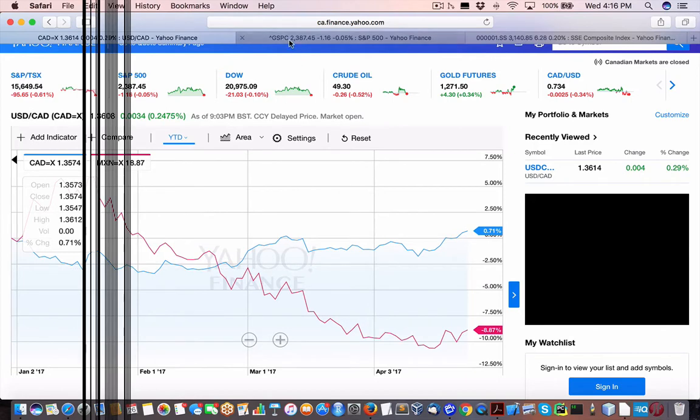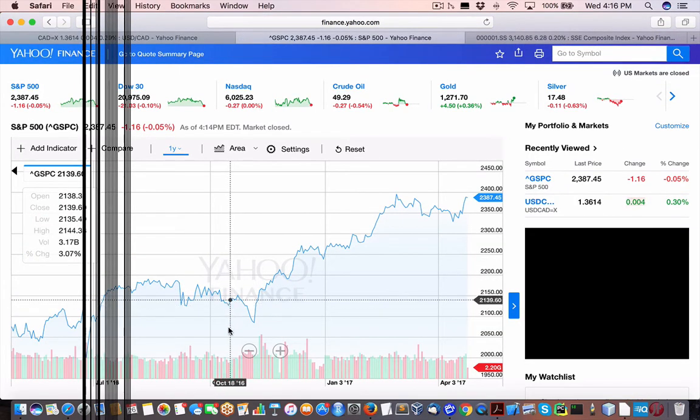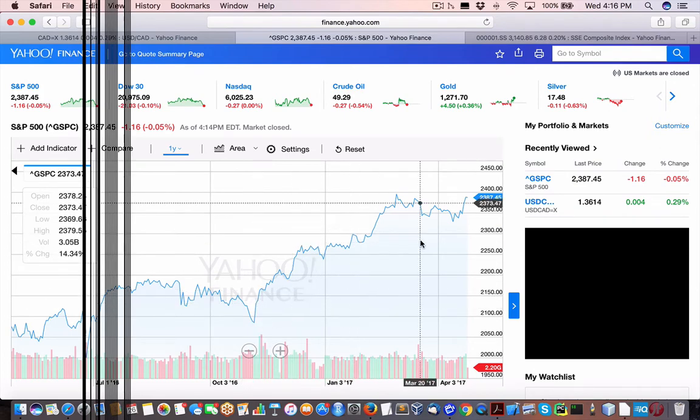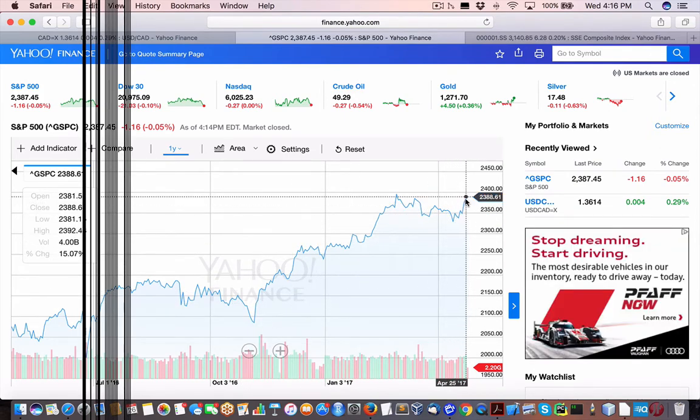Okay, another one that is very useful is the S&P 500. As we know, since the election, there's been a really good run-up on the S&P 500.